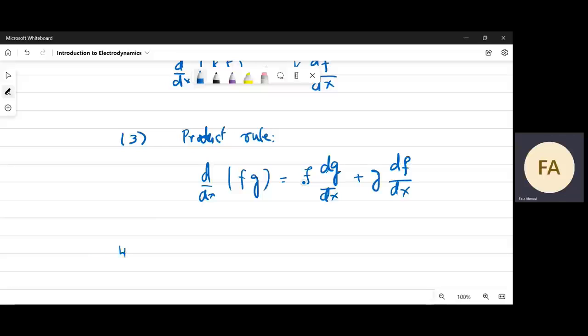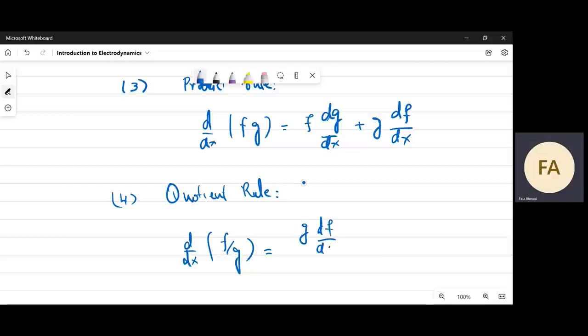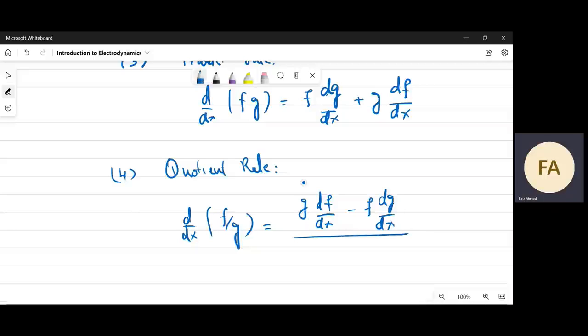If we have f divided by g, we get g df over dx minus f dg over dx, divided by g square.